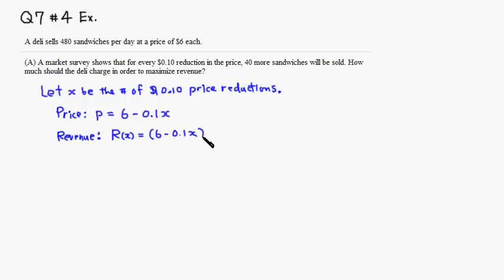So this is the price. Then multiply by the number of sandwiches that the deli can sell. 480 is the beginning, so this is at the full price.